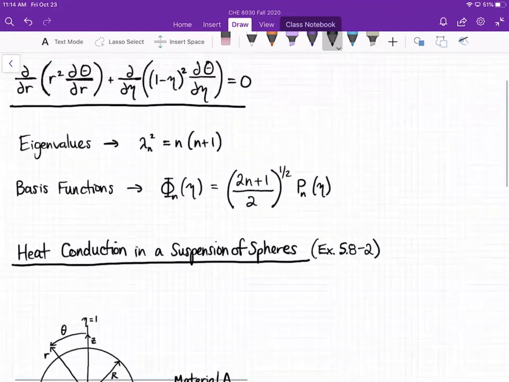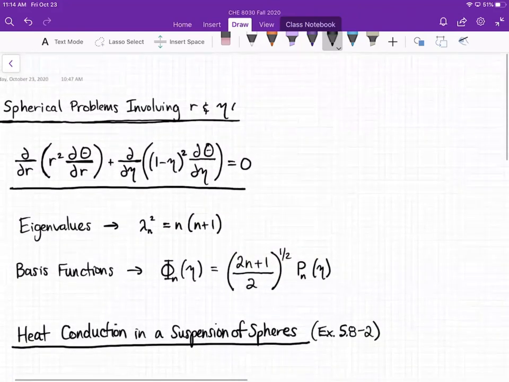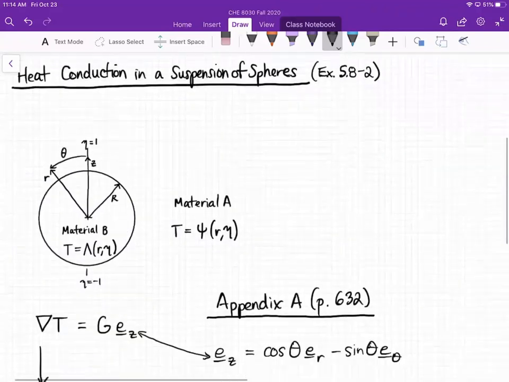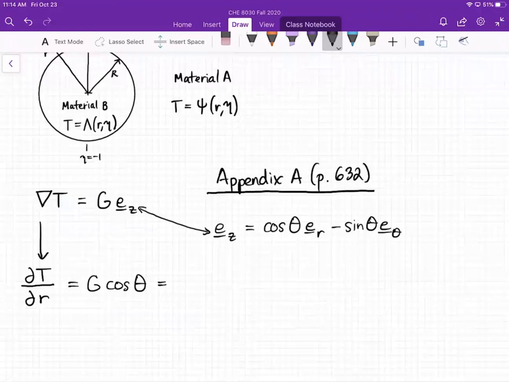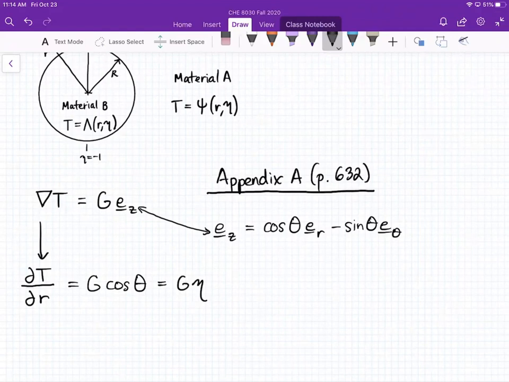If we remember, this variable change that we made was eta is equal to cosine of theta. Therefore, our temperature gradient is G times eta.